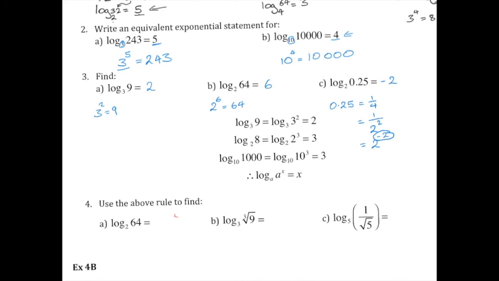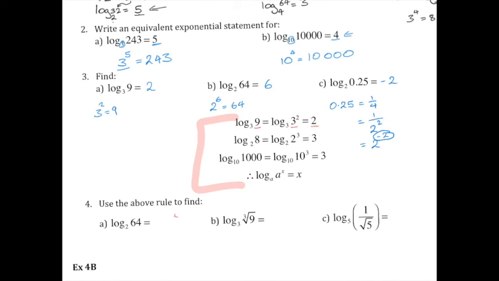Now, here are just some notes in this section here. As we know, log of 9 base 3 is 2 because 9 can be written as 3 squared, and it equals 2.